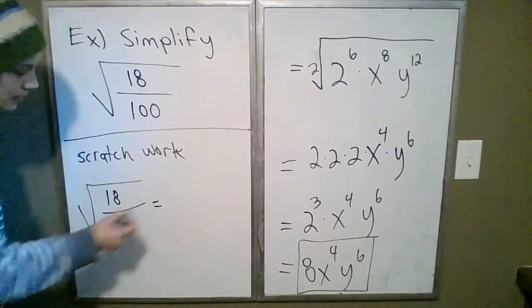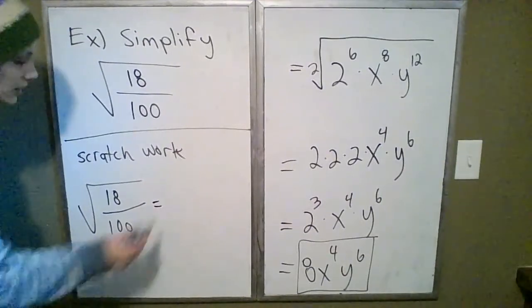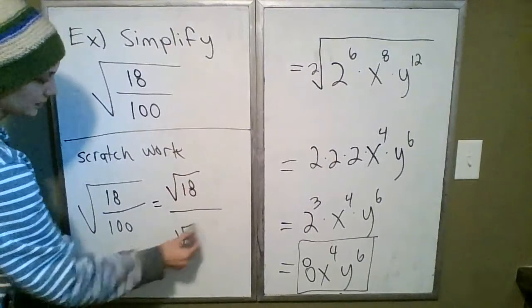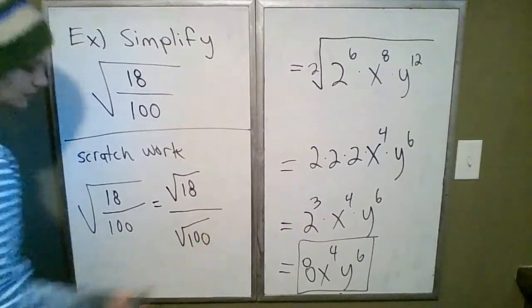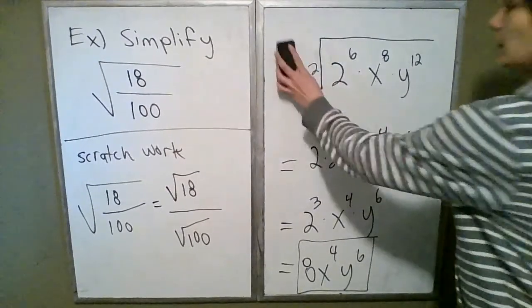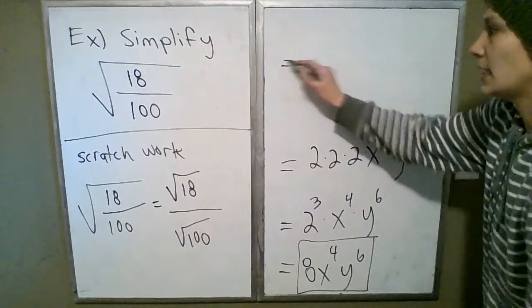I'll take the root of the 18, put it over the root of 100. Let's start factoring 18 and just write it as 9 times 2.